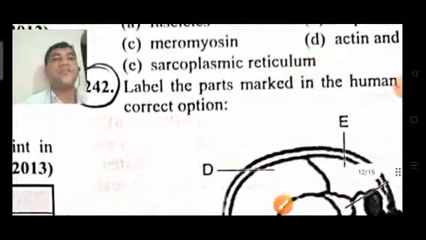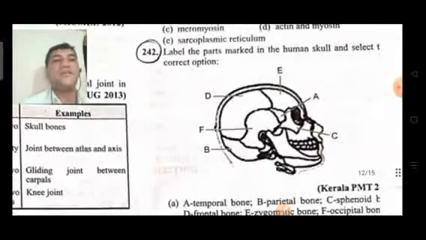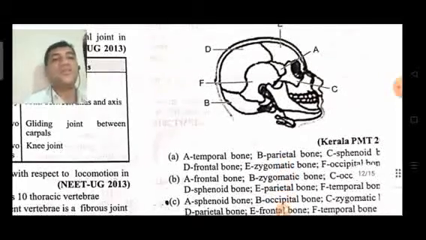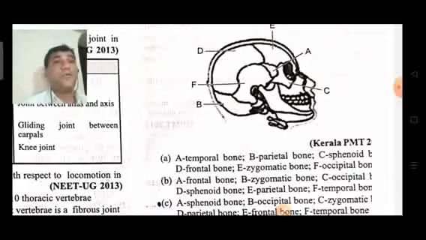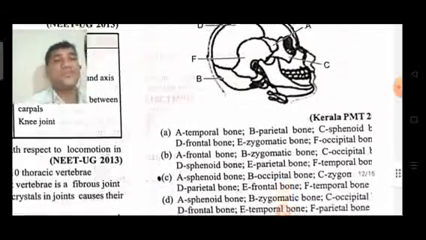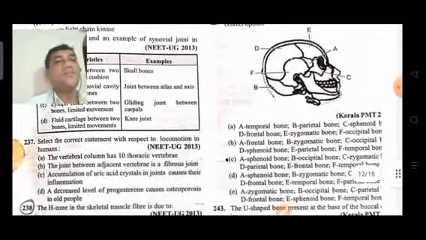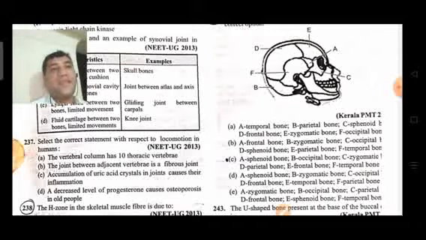Next, there are certain labelings given. Label the parts marked in the human skull and select the correct option. Near the eye, the sphenoid bone is present, and at the back, D may be the parietal bone.